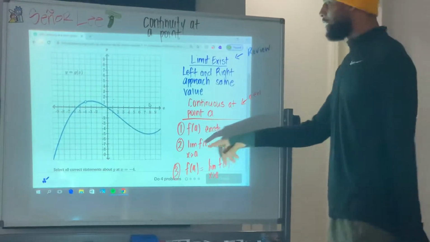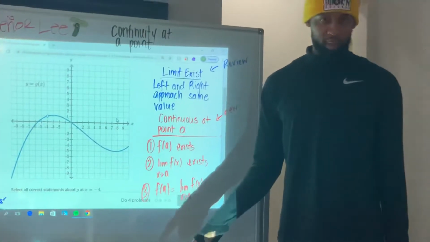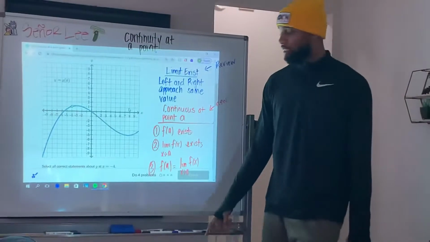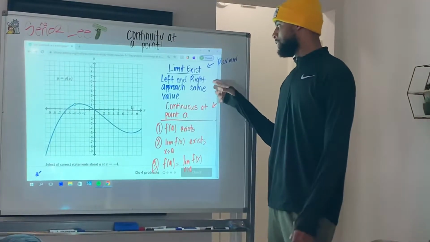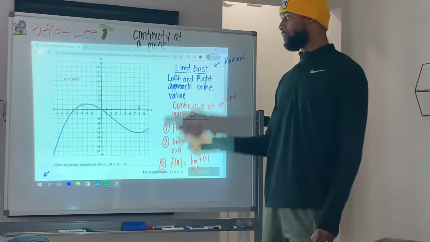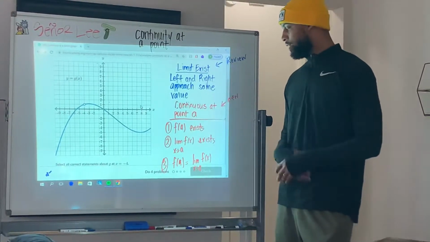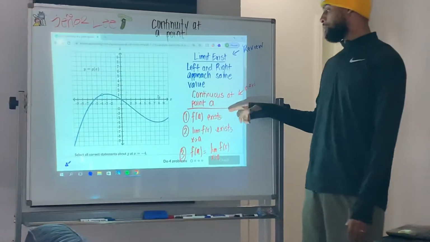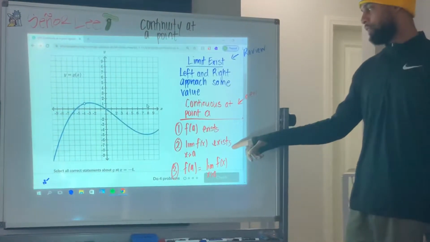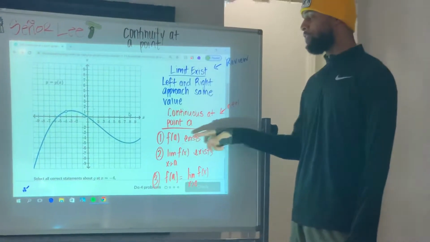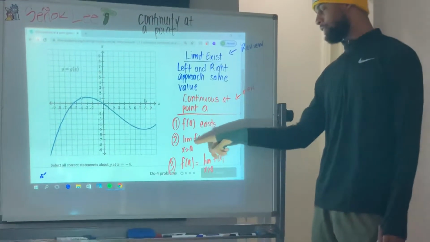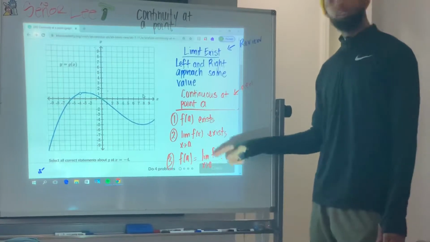Second, the limit as x approaches A must exist. And we already talked about what that means: the limit needs to approach the same value from the left as it does from the right. And then finally, these 2 must be the same. The function evaluated at A must be the same as the limit as x approaches A.